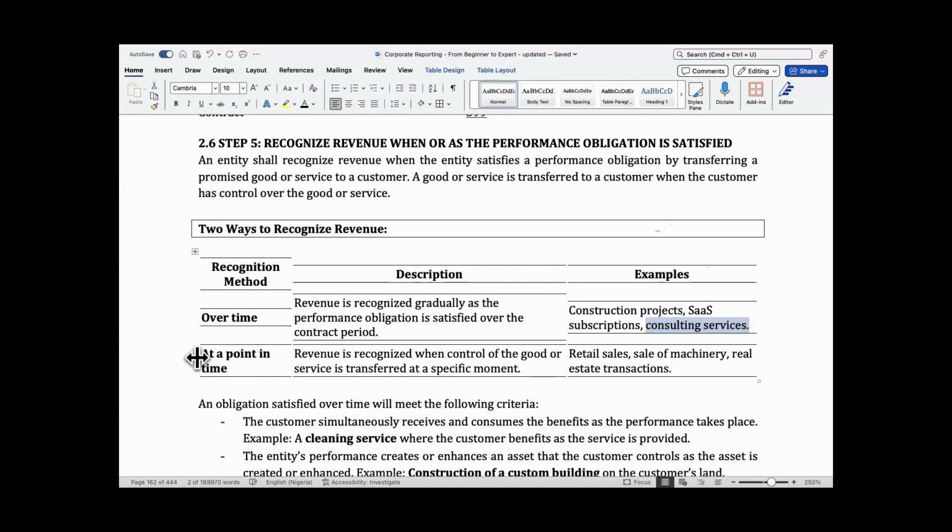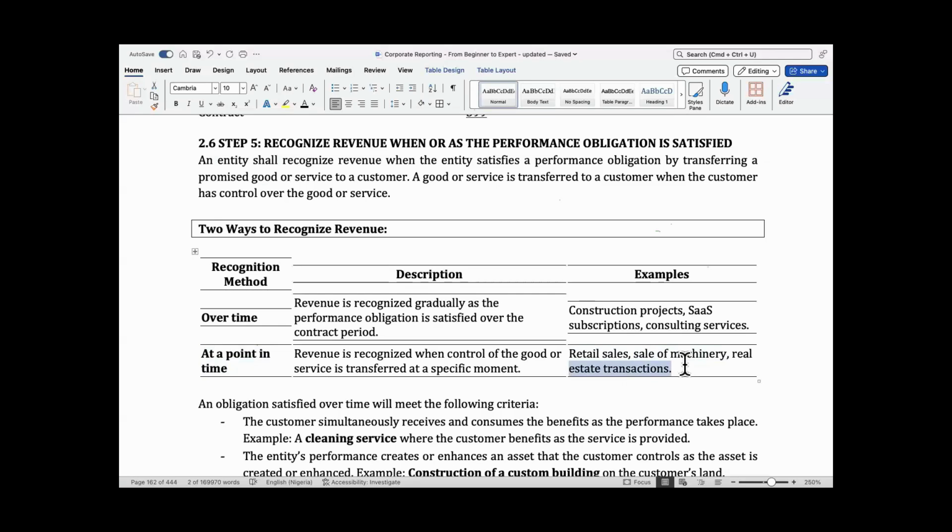But at a point in time is majorly for over-the-counter services, like retail sales. You walk into a supermarket and pick up some goods, or you buy a car, a machinery, or a ready-made house. All those, you deliver the service immediately at a point in time.